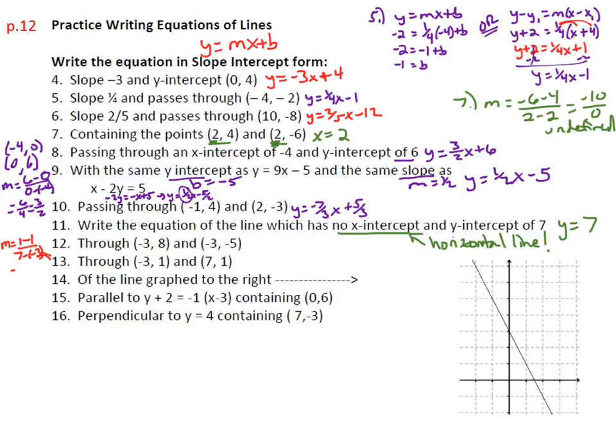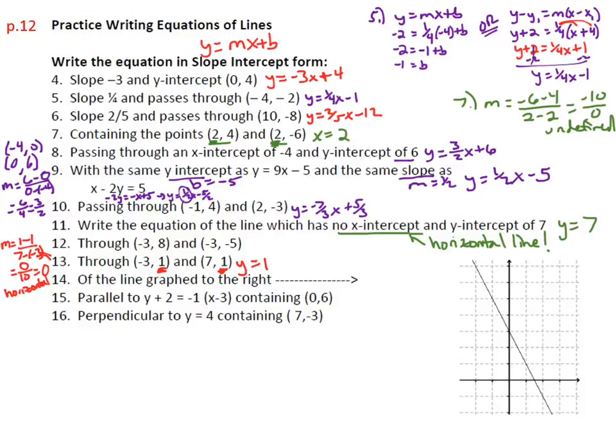Well, I notice that my y values in this case are the same, giving me 0 over 10. So there's our clue, slope of 0. We have a horizontal line. So that means we're going to have y equals that repeated y value of 1.